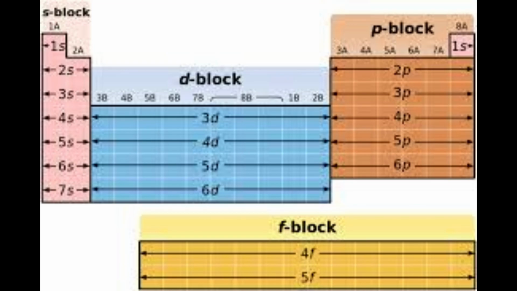And they all have their own respective areas on the periodic table. So what orbitals actually are, is areas of the atom where there's a high probability of finding an electron.